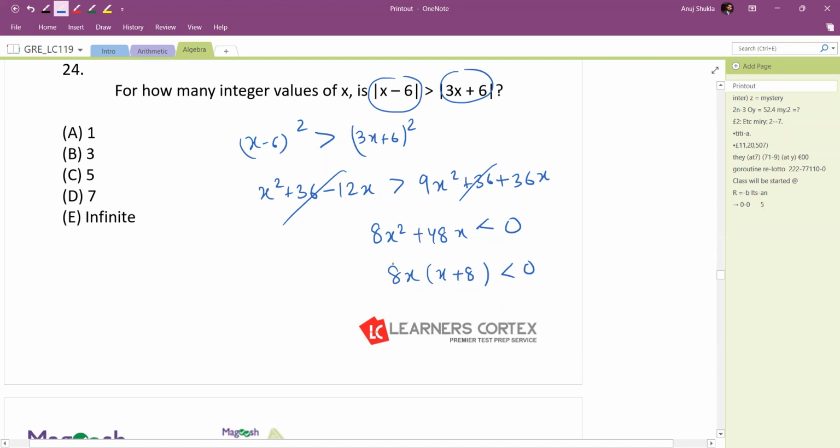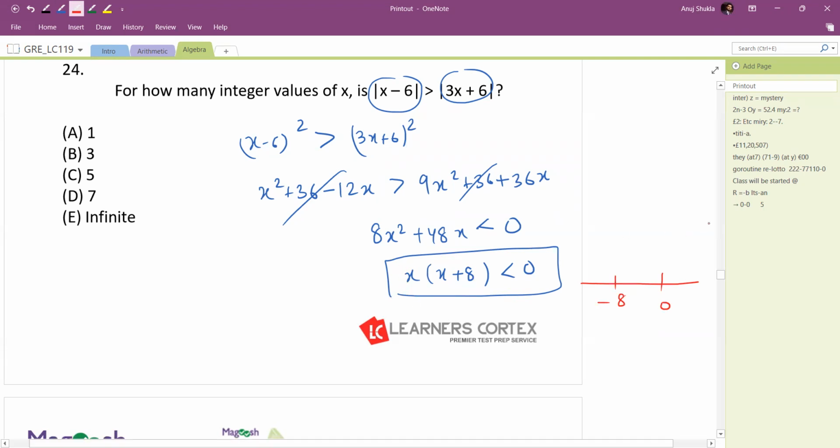And less than 0, in any way this is positive. Anything positive or any constant you can remove. So what is remaining is x and x plus 6, for finding this negative value. What are the points of inversion you have? You have 0 and you have minus 6.